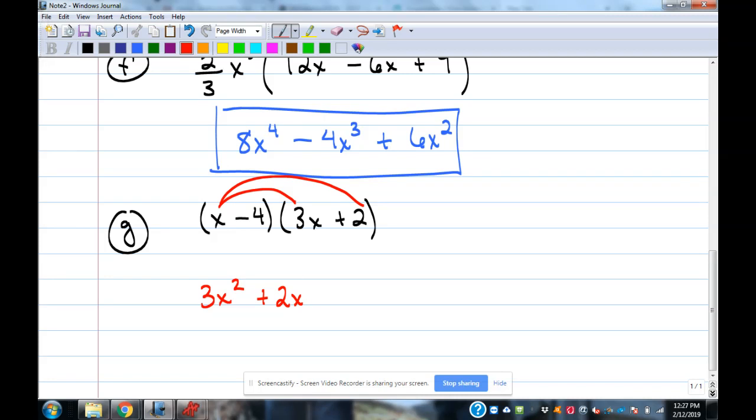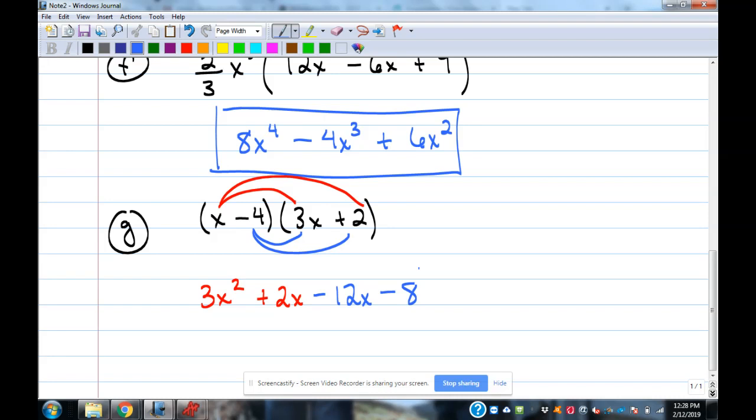So we're going to distribute this negative 4 to everything over here. What's negative 4 times 3x? Negative 12x. What's negative 4 times positive 2? Negative 8. Are we done? Why not on this one?